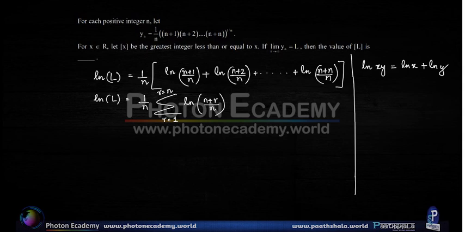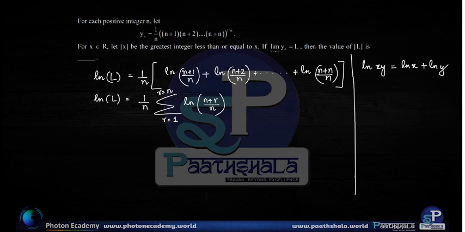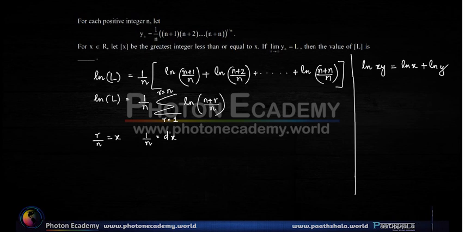To solve this kind of summation, we can transform it into an integration by using r by n as x. So 1 by n becomes dx. The limits can be found out as r is equal to 1.